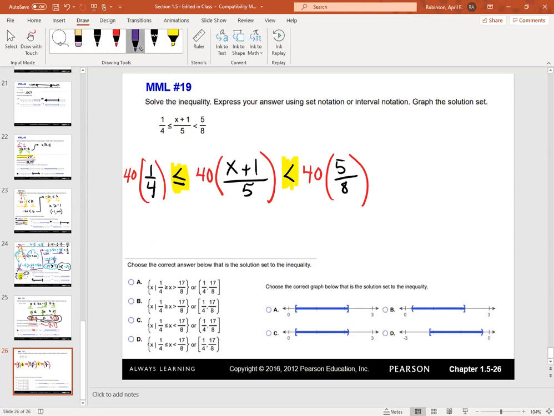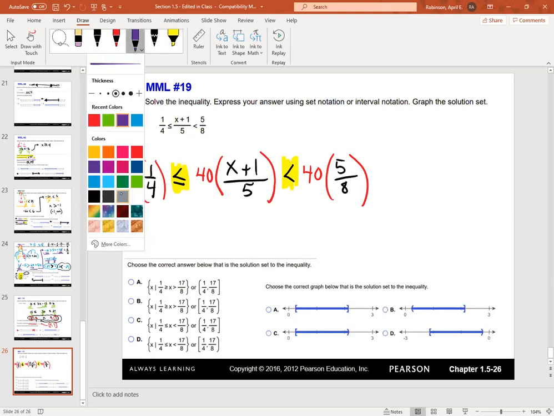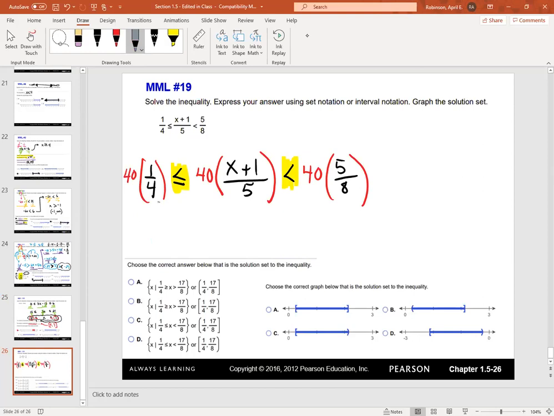And what's going to happen next is, let me use gray for this. This 4 is going to cancel into that 40 10 times. And then 10 times 1 makes this 10. Now I'm going to go and do the other end before I do the middle. The middle is the most complicated.